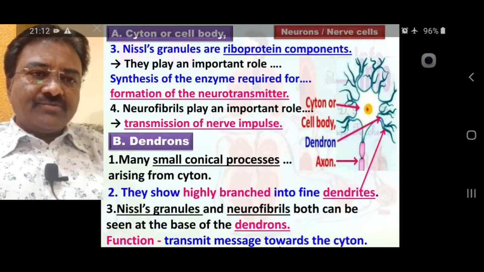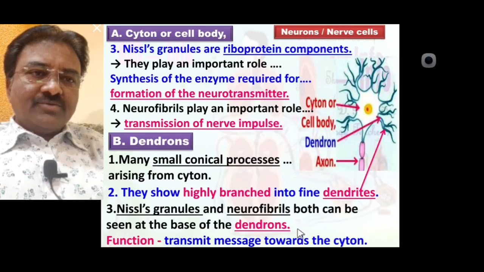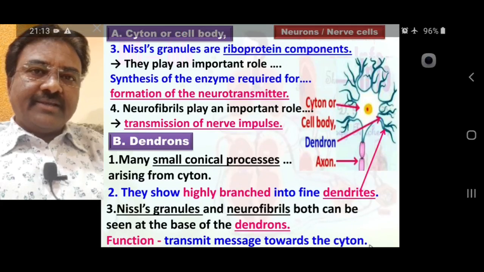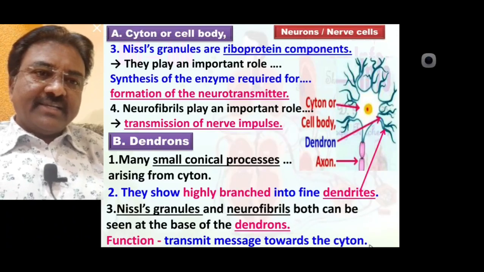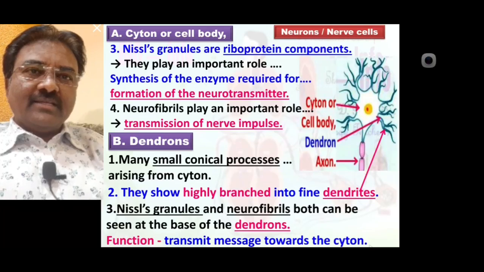Transmit message towards the cyton. Means the message coming from outside, the nerve impulse, is transmitted into the cyton through dendrons. Always remember function of dendron: transmit message towards the cyton. Dendrons do the work of carrying the message towards the cyton. Up to this we discussed in detail two parts of the neuron or nerve cell: cyton or cell body, and second dendrons.